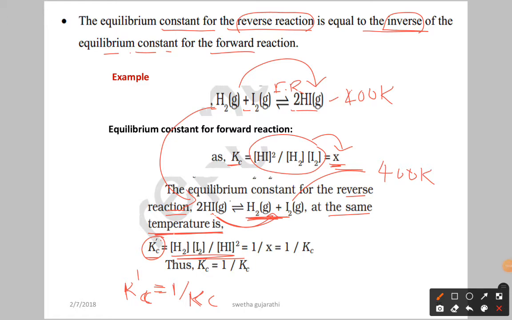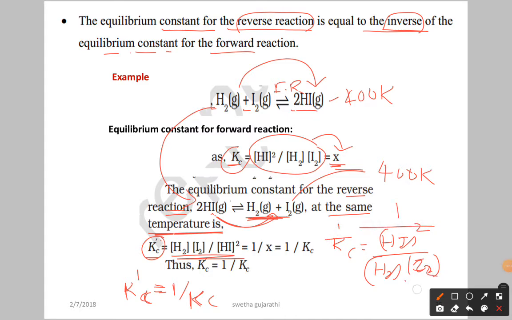For the forward reaction, Kc is the molar concentration of HI whole square divided by the molar concentration of H2 and the molar concentration of I2. Now if I take 1 by Kc, the total will be 1 by that.